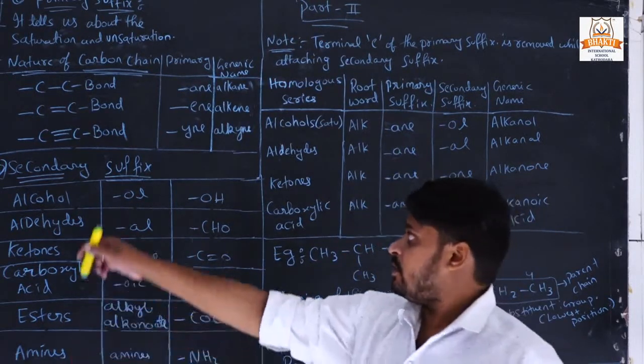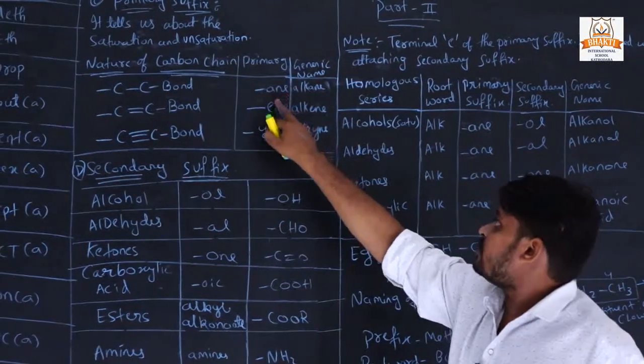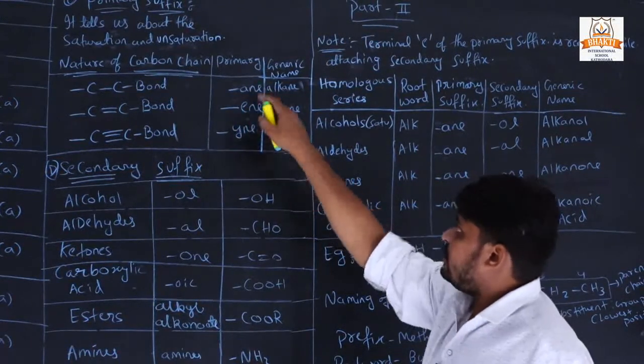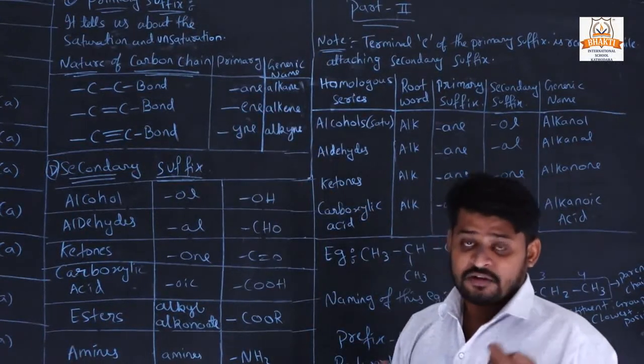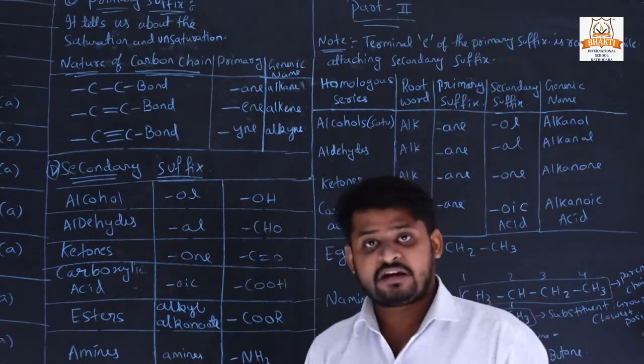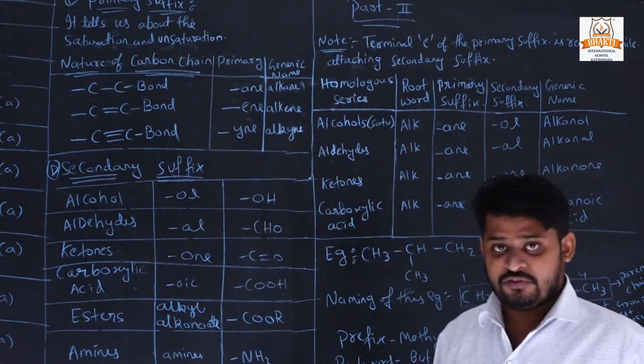You will see here, this is our primary suffix: A-N-E, E-N-E, Y-N-E. E is present at the end of the suffix. So when primary and secondary suffix both are coming, we have to remove E from the primary suffix.